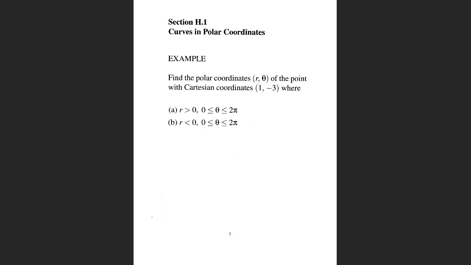They're restricting theta, your angle, to be between 0 and 2 pi. They're doing that on purpose because it's looking for one answer out of an infinite number of angles that would work. So they're saying make it between 0 and 2 pi. Does that make sense?